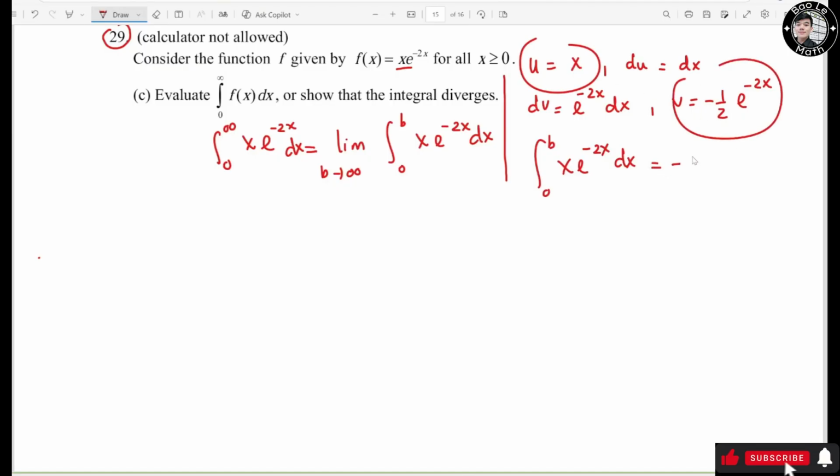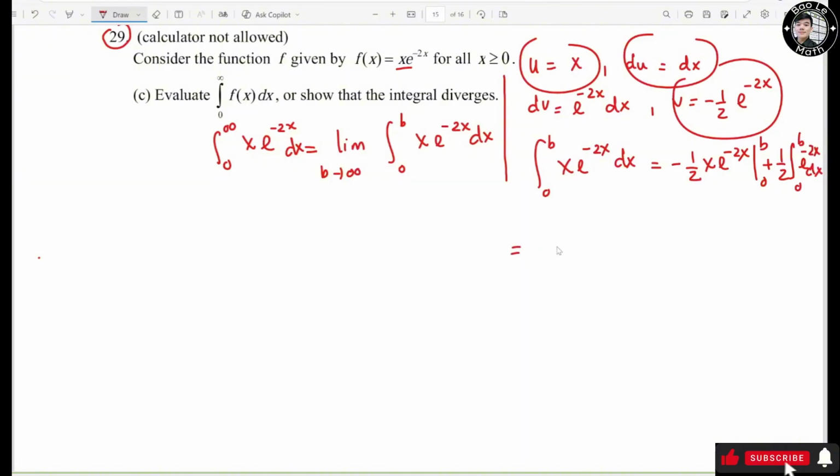It's going to be negative 1 over 2 s e to the negative 2s evaluated from 0 to b minus v du, which is right here. So plus 1/2 integral from 0 to b of e to the negative 2s ds, right?